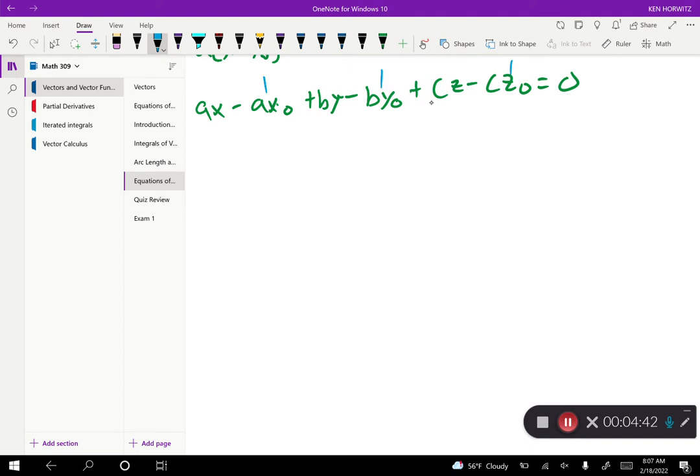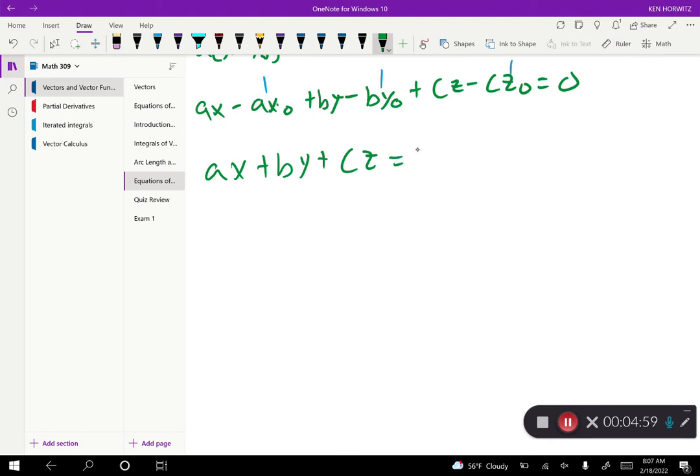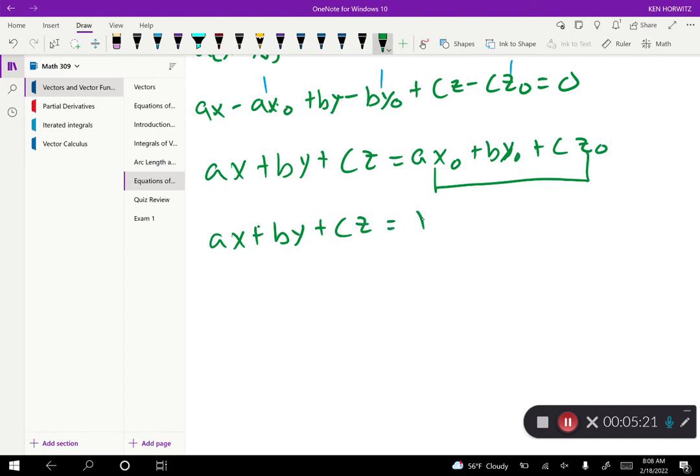They were constants. A, B, and C were numbers. So we can add them all to the other side. So we wind up with AX plus BY plus CZ equals AX naught plus BY naught plus CZ naught. Now again, since all three of these are constants, we can combine like terms and say it just equals D.